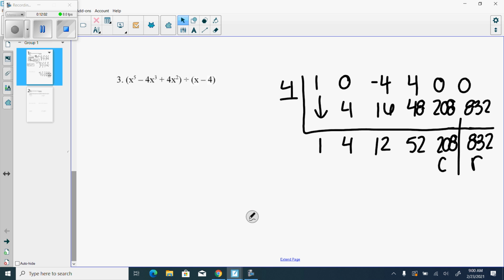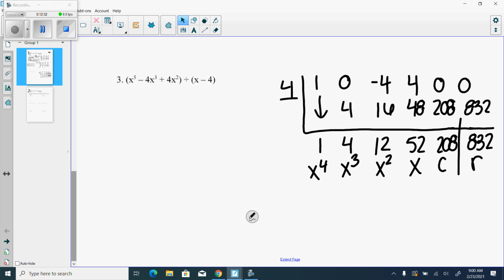And then 52 would be 12 x squared. 4 would be x cubed, and 1 would be, which makes sense, right? We took out one of the x's. It started as x to the 5th, so my answer should be 1 degree less, which is x to the 4th. All right, so now I just need to write this all out.